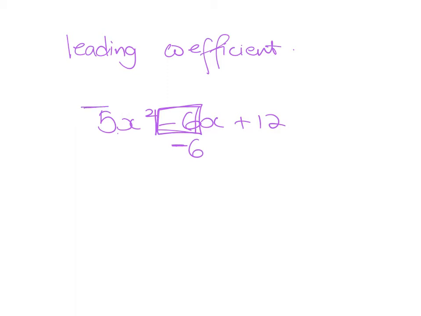And the coefficient of x squared in this question would be 5. So therefore, when we write it in the standard form with the highest degree coming first, the leading coefficient in this question would be 5. That is the coefficient of x squared.